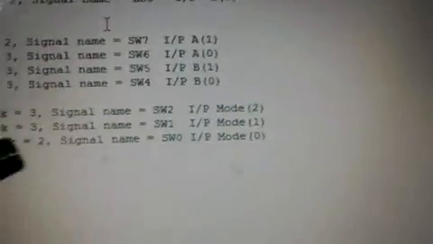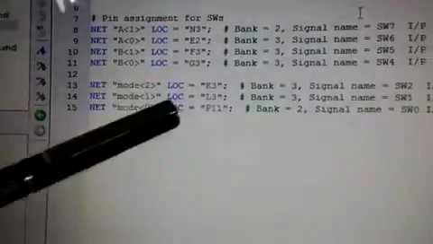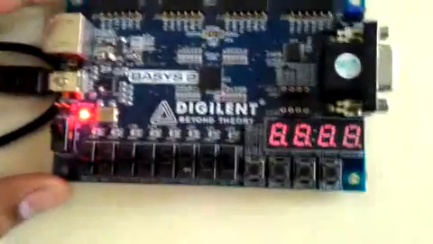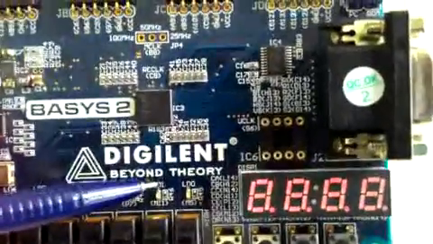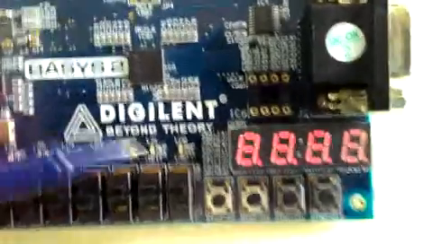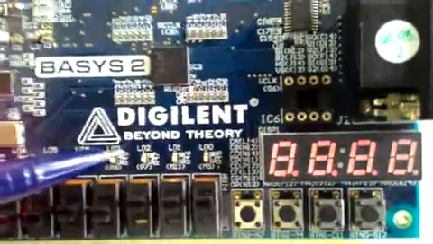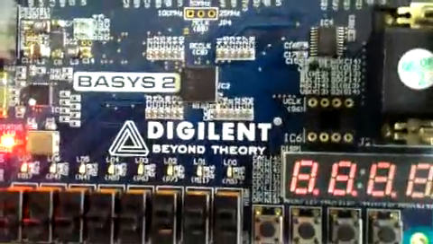Modes are configured to switch 2, switch 1 and switch 0, and this way we will try to verify the operations: the actual addition and subtraction and the logical operations on LED 1 and LED 0, and if a borrow or carry is generated, it will be shown on LED 2. Now I'll push the data from this side.